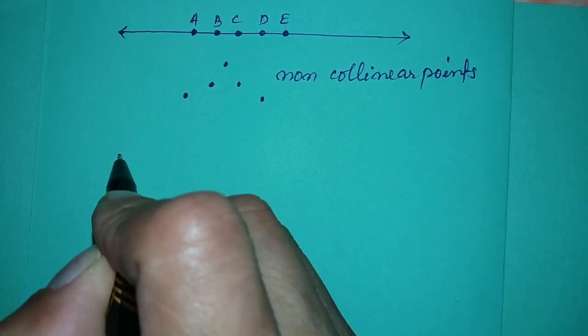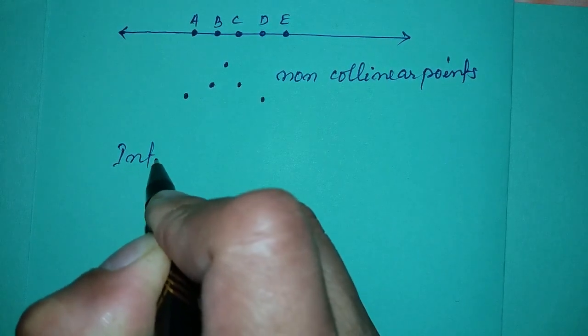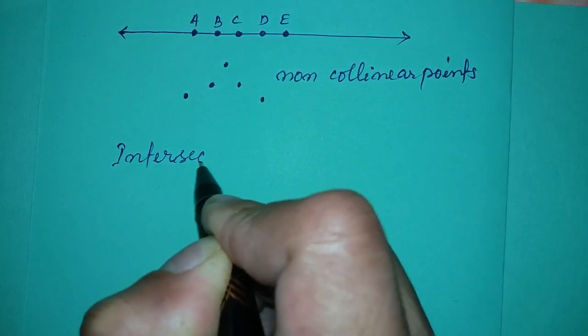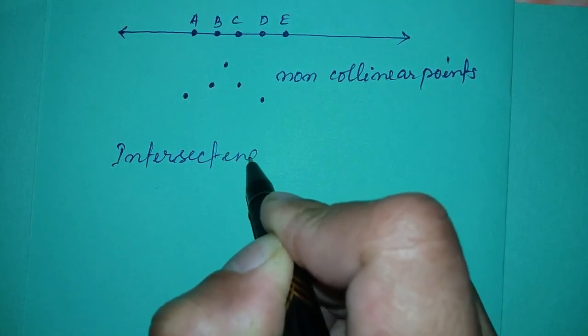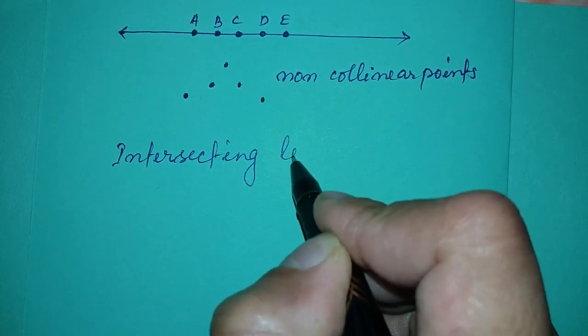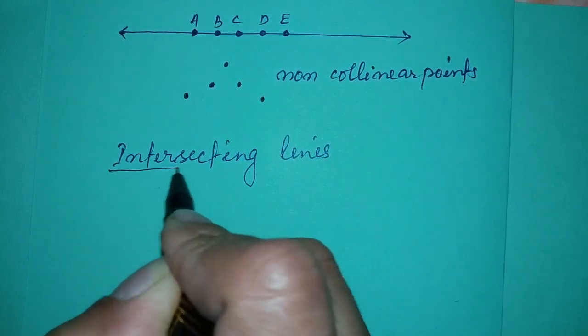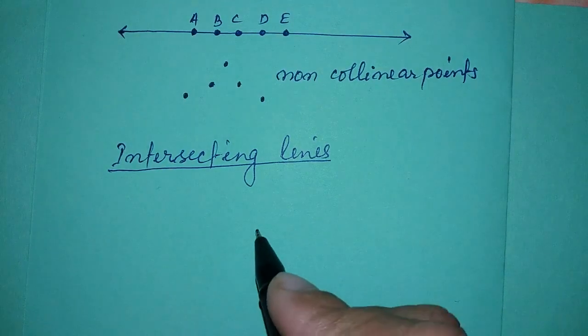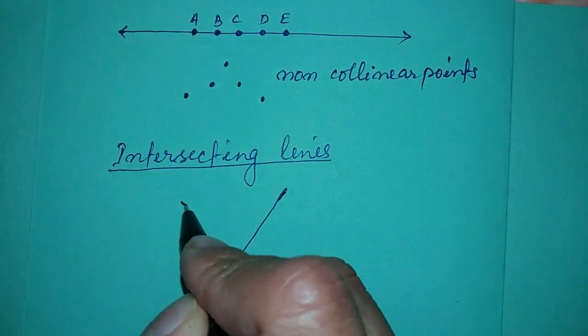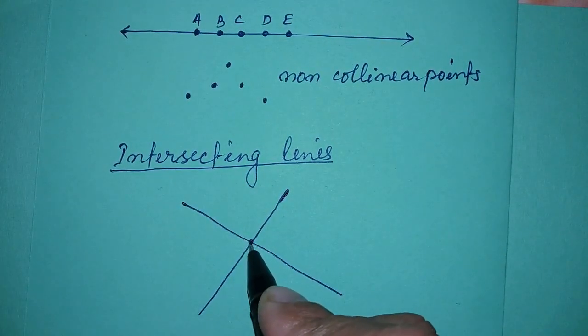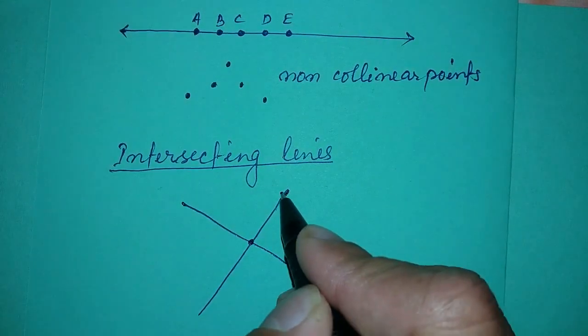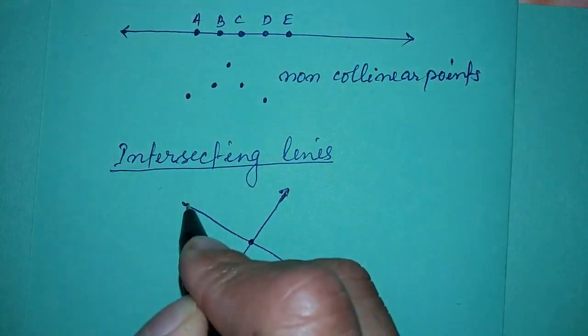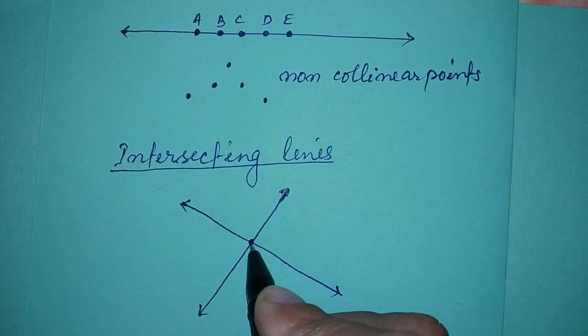Next, let's see intersecting lines and non-intersecting lines. Intersecting lines are those lines which have one common point. So these two lines have a common point here.